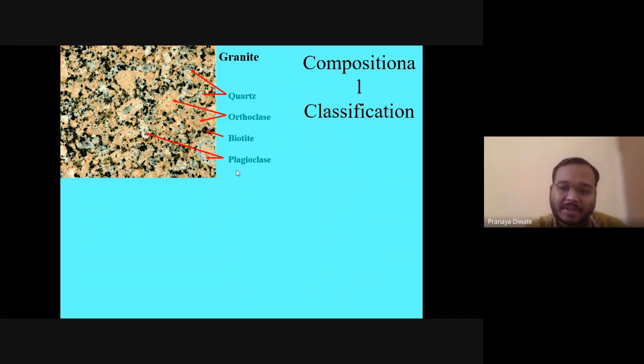Remember that classification of igneous rock depends upon what kind of minerals are present in the rock, whereas sedimentary rock is mostly classified on the basis of grain size, whether it is below 4 micron, between, or more than 4 micron.